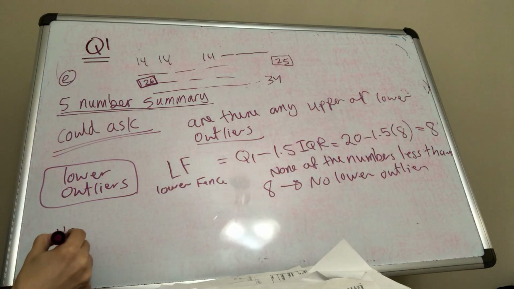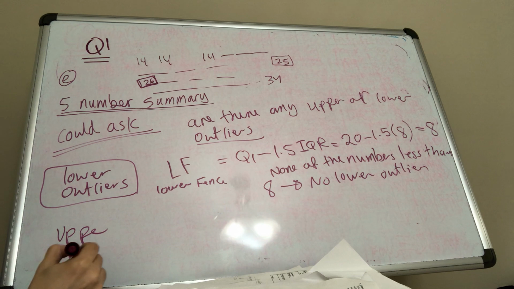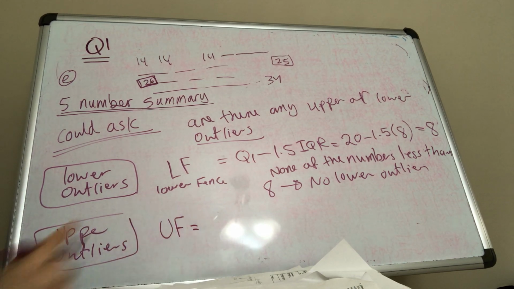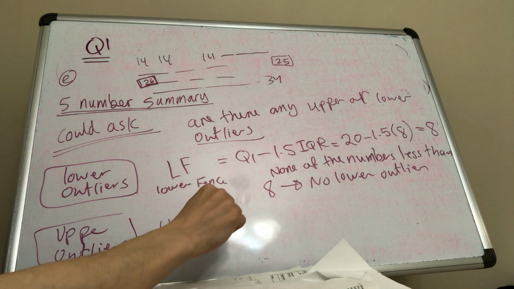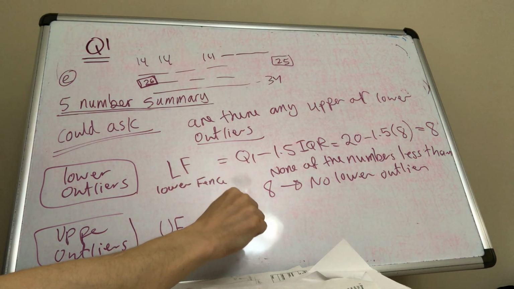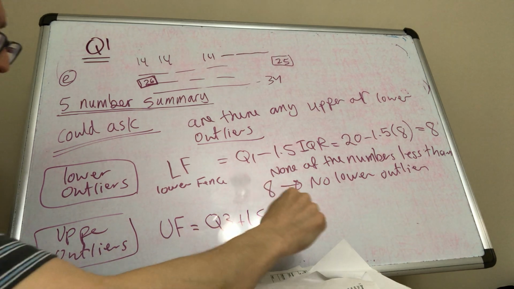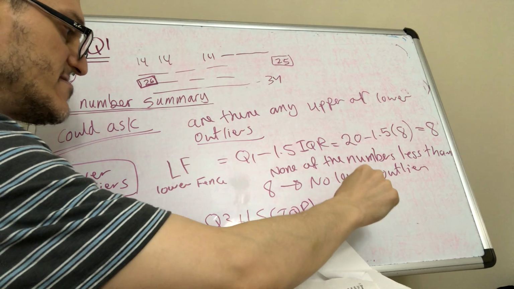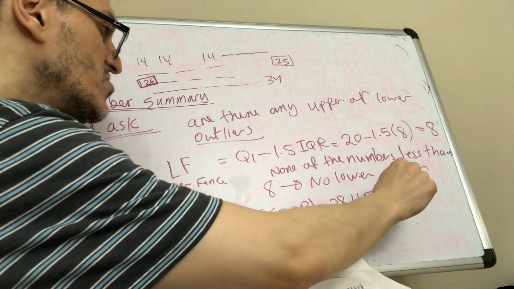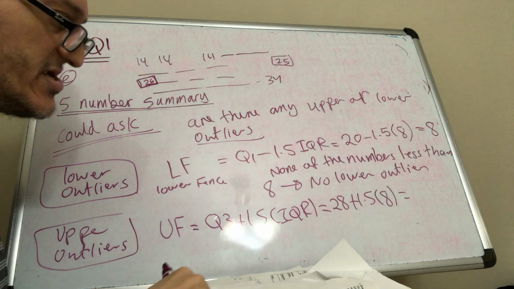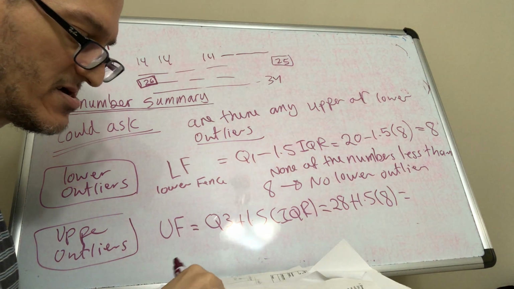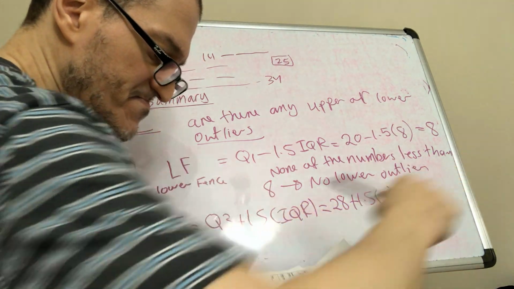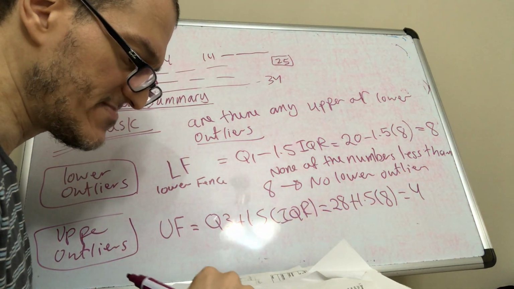Now we test the upper outliers. So we need the upper fence. The upper fence would be Q3 plus 1.5 of IQR. Q3 is 28, plus 1.5 of 8, that gives you 40.